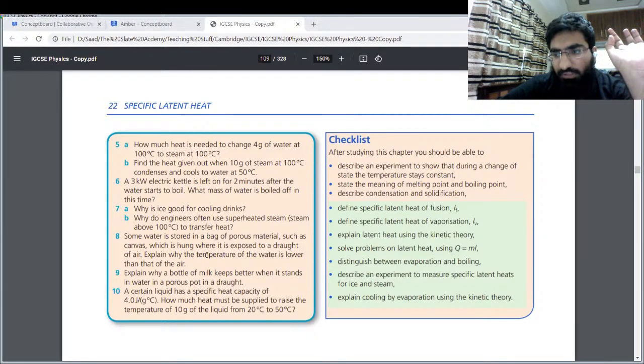It doesn't melt easily. So in staying as ice, it keeps on giving the cold for a longer length of time. That's why it's good. The reason is that ice has a very high specific latent heat of fusion.